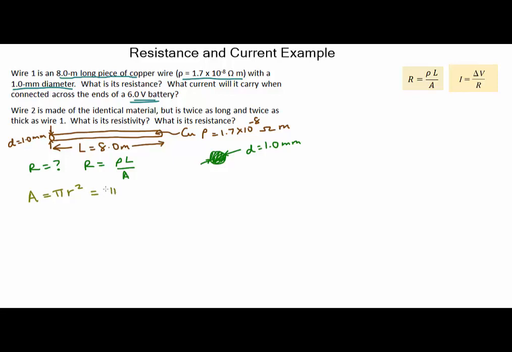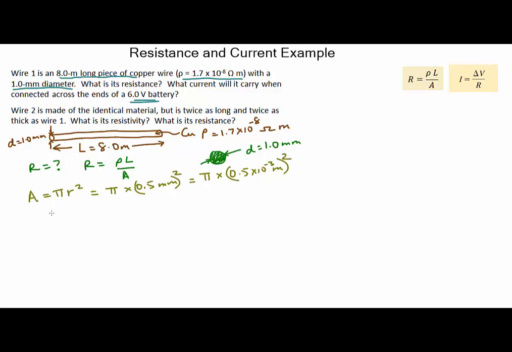So this is pi times 0.5 millimeter squared. Now this will give me the cross-sectional area in square millimeters. I want it in square meters because the resistivity is given in terms of ohm times meters. So it's good to convert this to SI units. So this really is pi times 0.5 times 10 to the negative 3 meters squared.